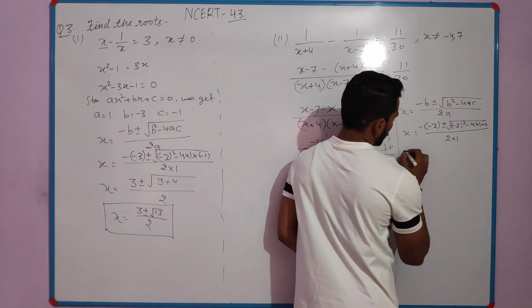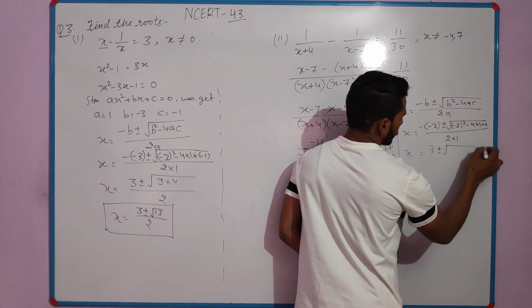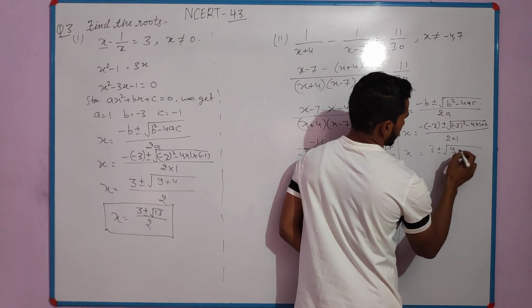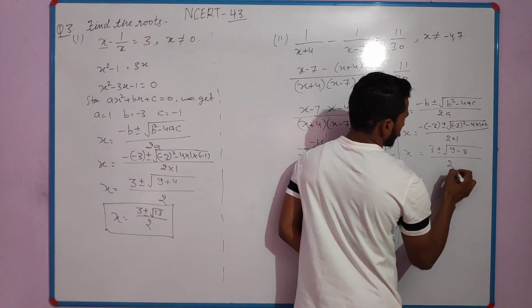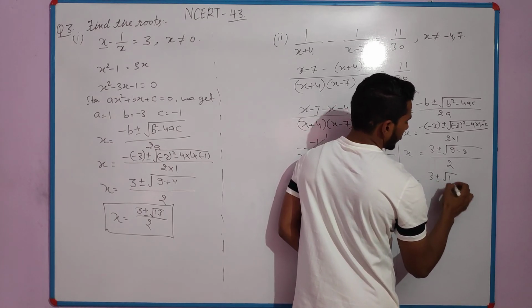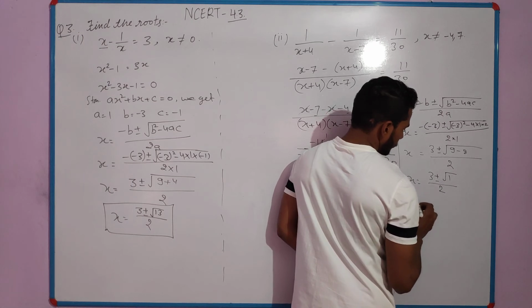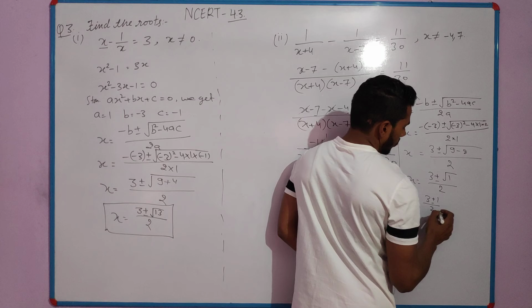Let's solve this. So x is equal to, this becomes plus 3 plus minus square root of minus 3 square, 9, and minus 4 into 2, 8, over 2. So x is equal to 3 plus minus square root of 1 over 2. So x is equal to 3 plus minus, we know the square root of 1 is 1, over 2.